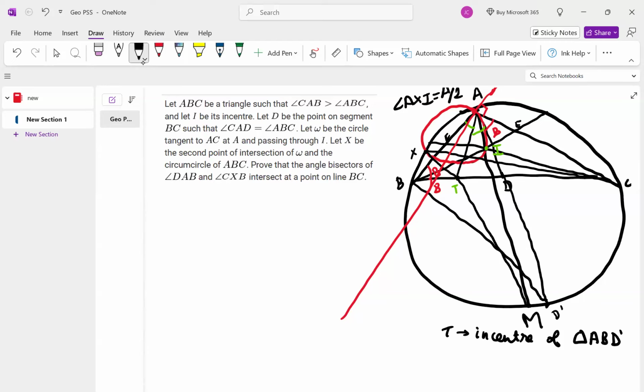What do we know about intersections of two circles? Radical axis, but that isn't very helpful here. Oh, I know, we can make the line that passes through the centers of the two circles, and X will be the reflection about A on that line. Could you repeat that? Which two circles?